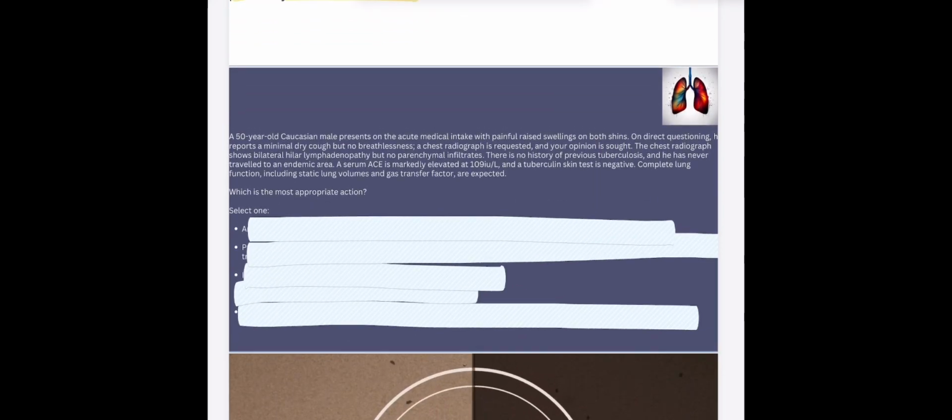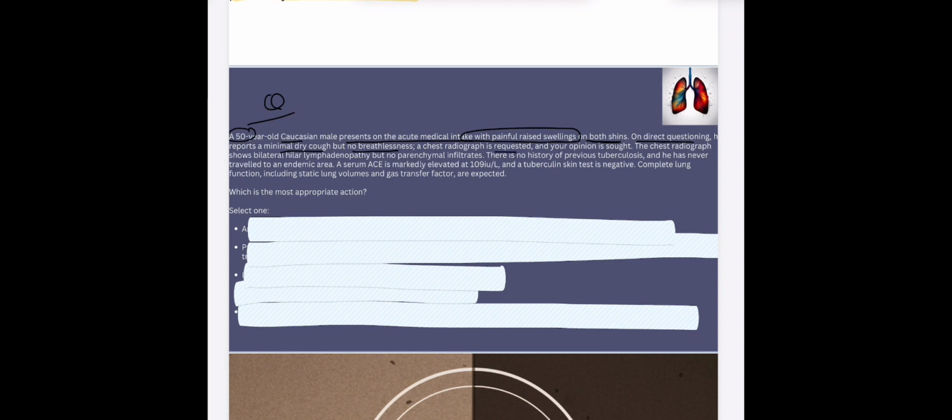Moving towards the next question. A 50 years old Caucasian male presents to acute medical intake with painful raised swellings on both shins. On direct questioning, he reported minimal dry cough but no breathlessness. A chest radiograph is requested and your opinion is sought.